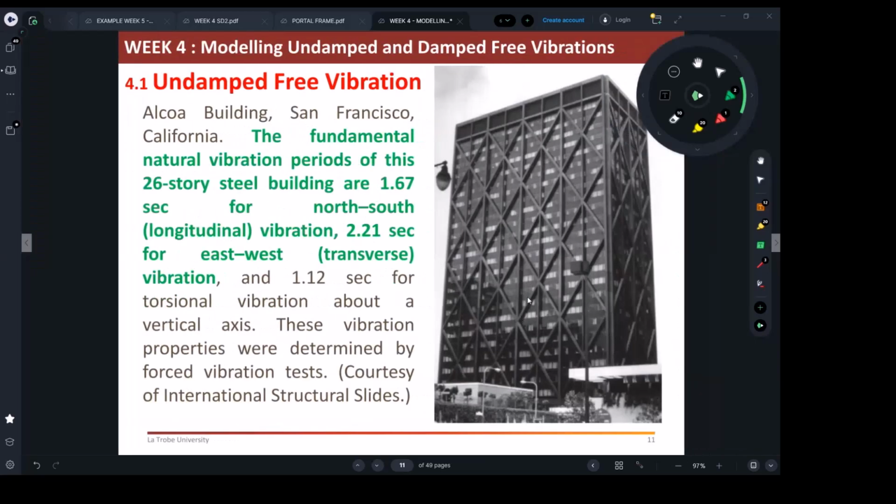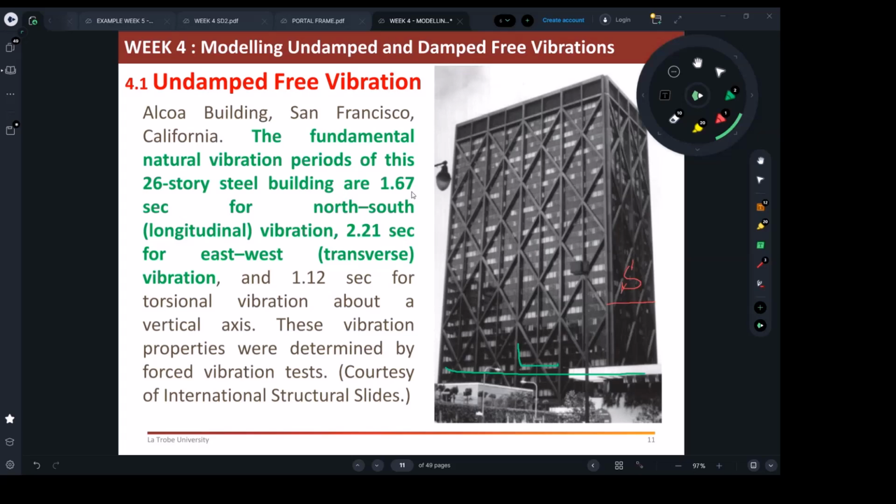Okay, now some examples for real buildings. In this building, they're giving us information about the time period. If I say this is the long direction, L, and the red here is the short direction, S, can someone tell me, for a 1.67 second time period, which one is the north-south?